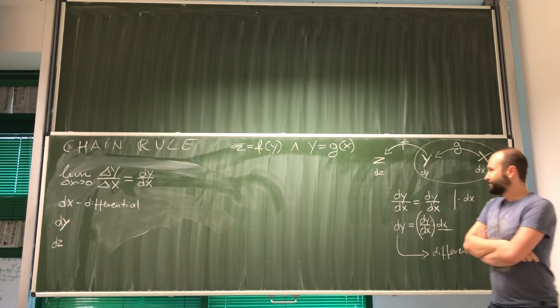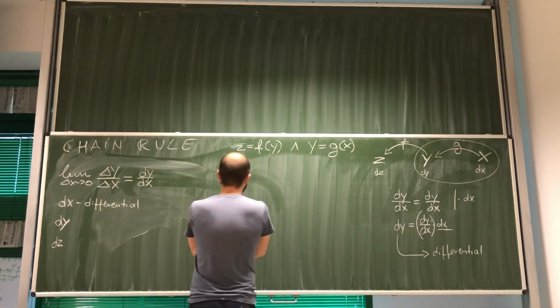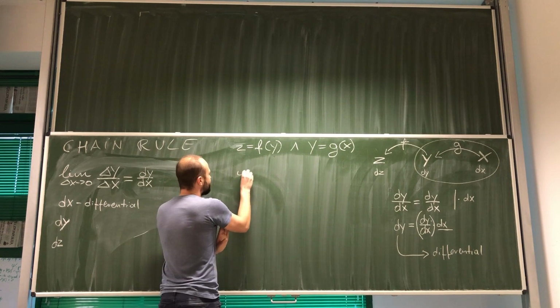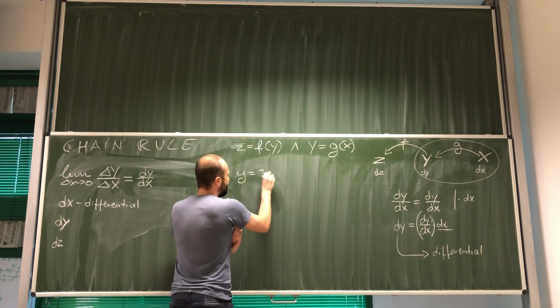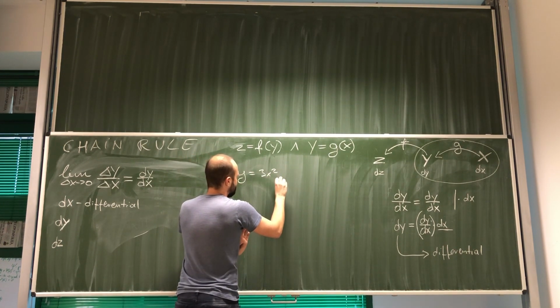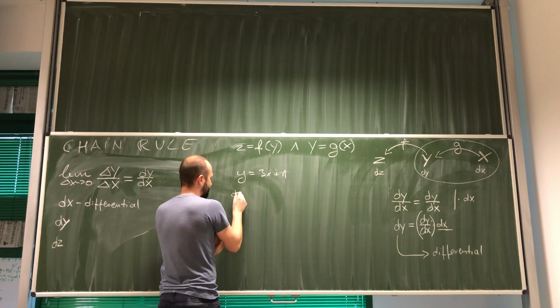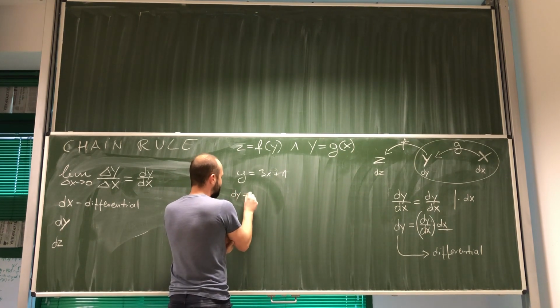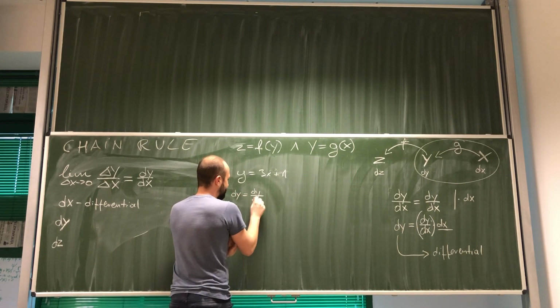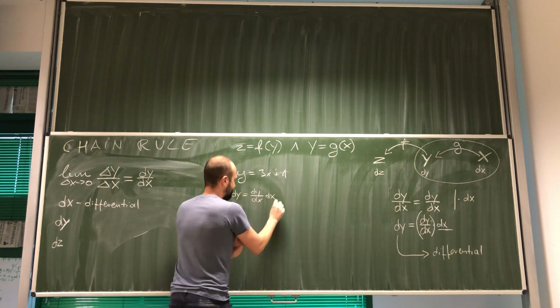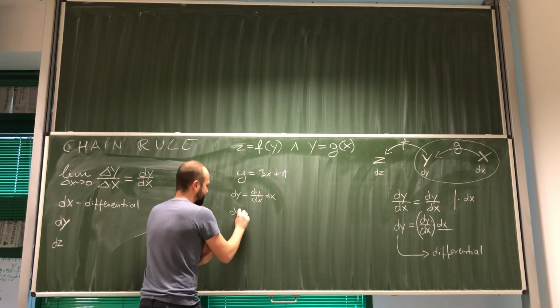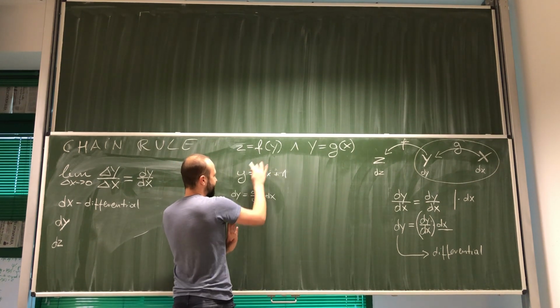So look, we can, for example, write that if the function is y equals 3x, let's start with something simple, plus y, right? Then, what is dy? Now, dy is dy over dx times dx. So dy is the derivative of this.